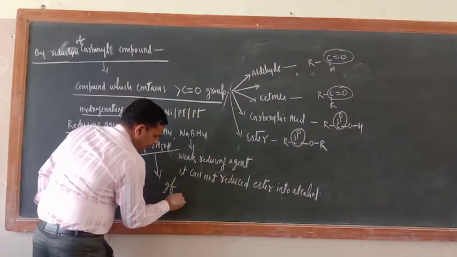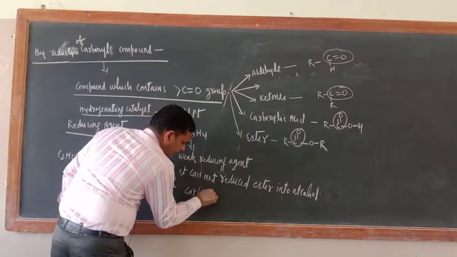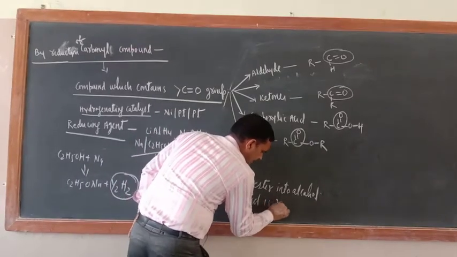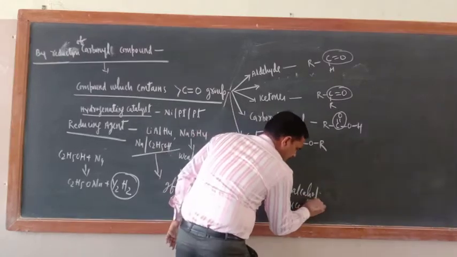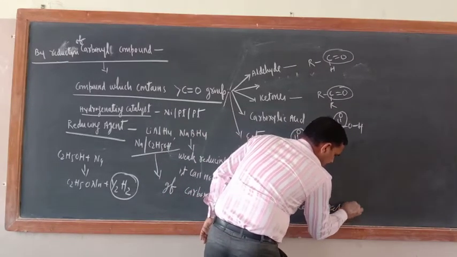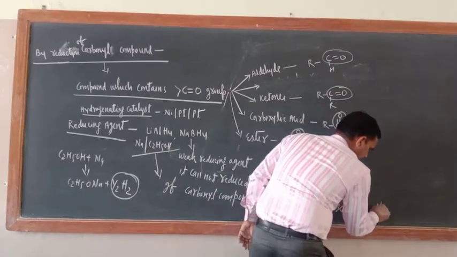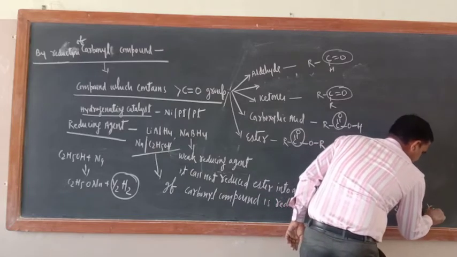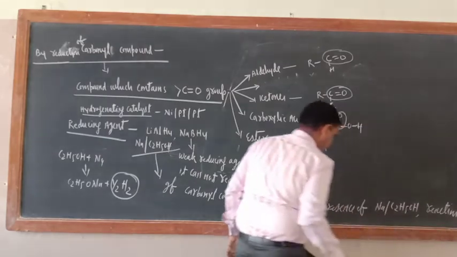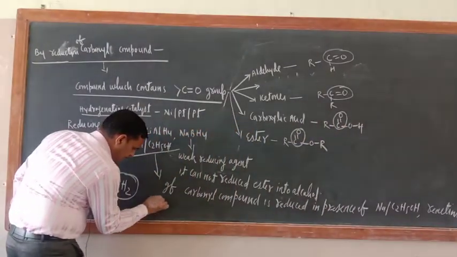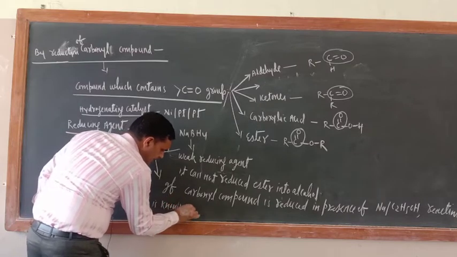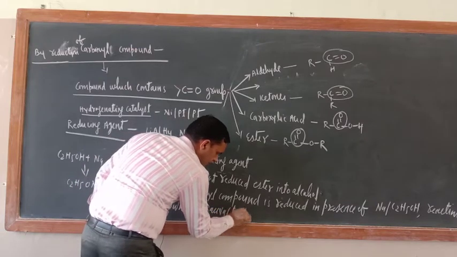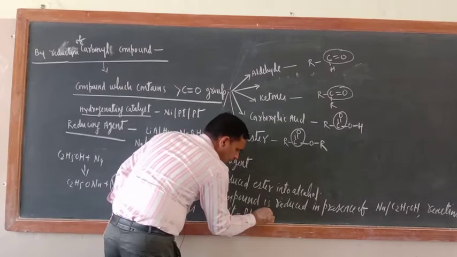If carbonyl compound is reduced in presence of Na/C2H5OH, the reaction is known as Bouveault-Blanc reduction.